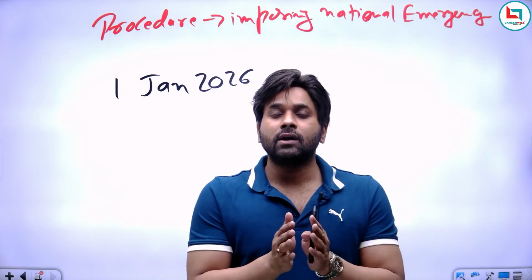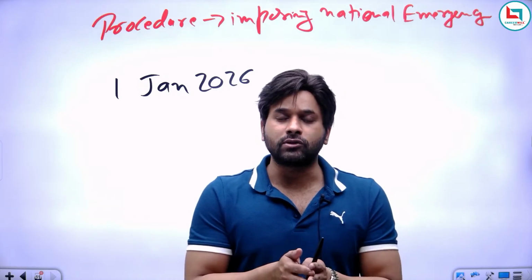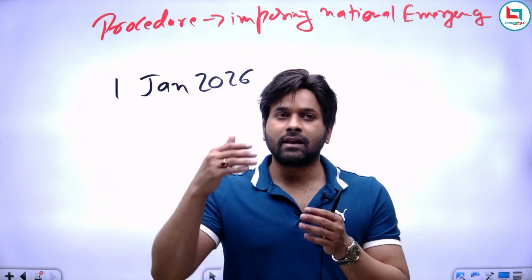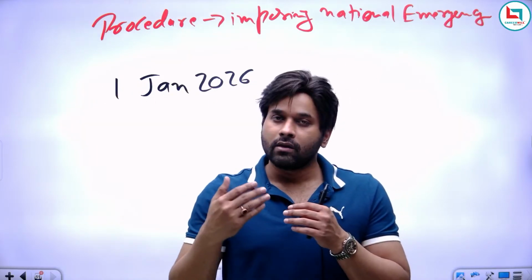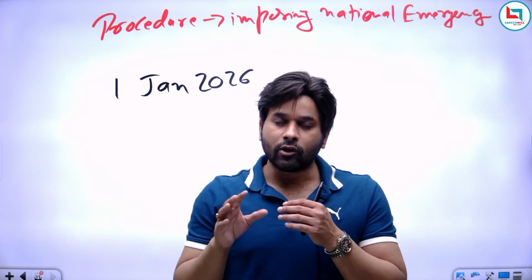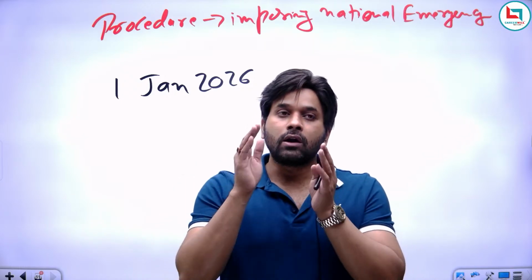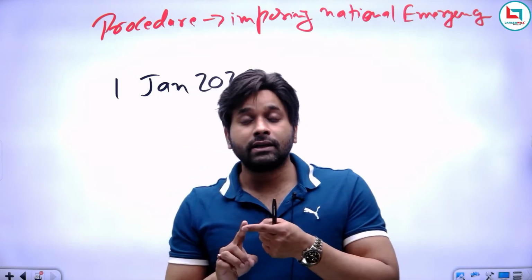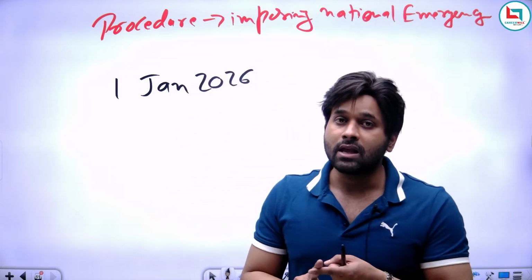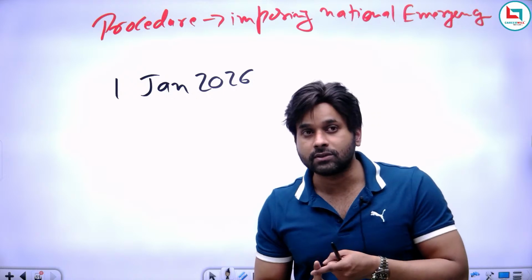So whenever you hear national emergency, you should not be confused with this concept that national emergency means the entire country is under emergency. No, we can also impose national emergency on a particular part of the country. Okay, and this provision was added by 42nd Amendment 1976, passed during national emergency.